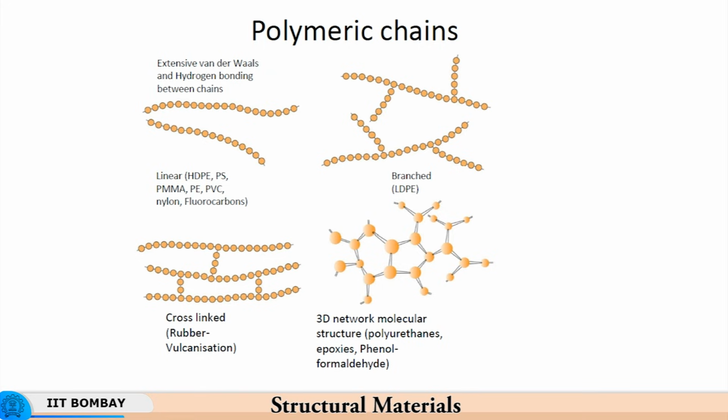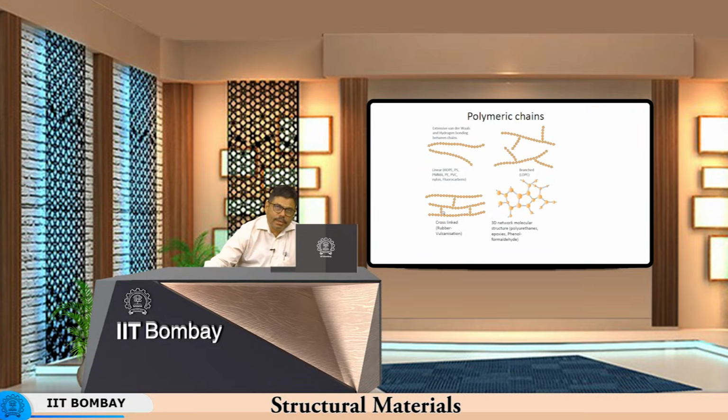So basically what we have seen is that if you have a 3D network of molecular structures like polyurethanes, epoxies, phenol formaldehyde, etc., then you have macromolecules which themselves are relatively strong, which melt at much higher melting points, and when they are cross-linked, they become further stronger. Therefore many structures like tools, for example, would be made from polyurethane, epoxies, and phenol formaldehyde type of materials.